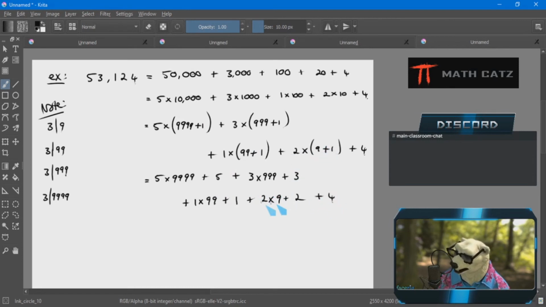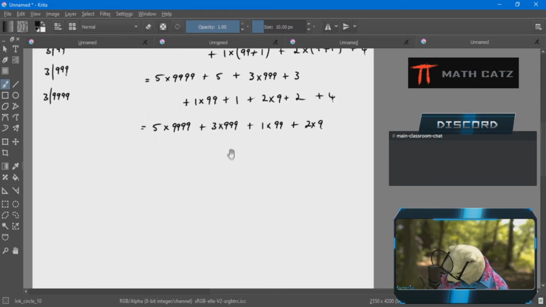Again, if I say 18 here, that doesn't show me anything. I need to pull this number apart in a way that 3 is happy with some of it at least. Now I'm just going to reorganize this into all these multiplication terms. 3 times 999 will be grouped with this 99, and then the 2 times 9, and then I'll leave a little bit of a space here.